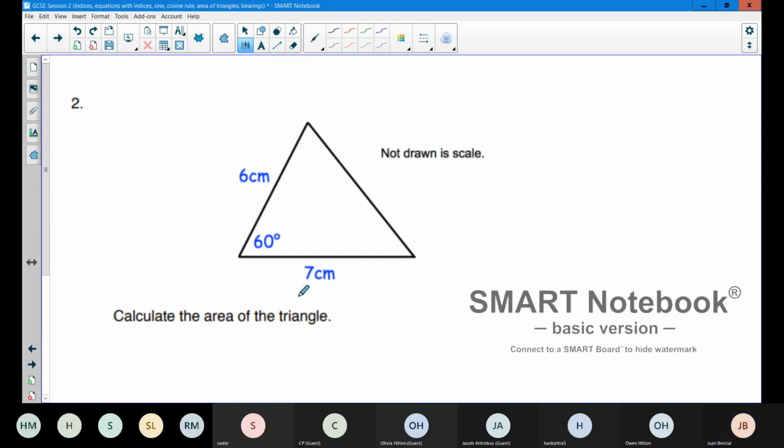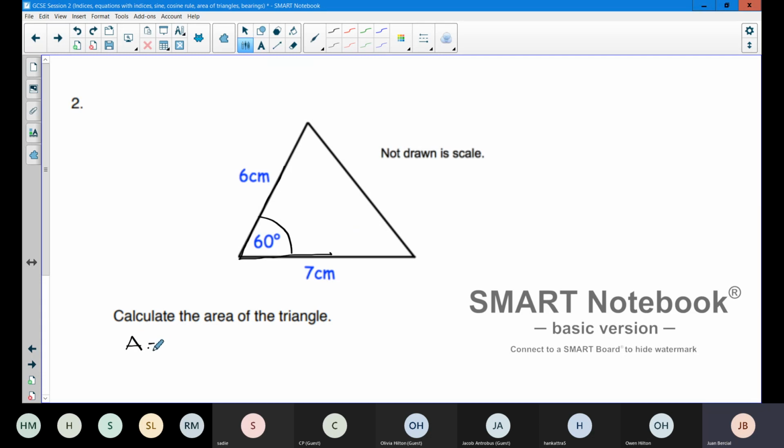Next one is about calculating the area of a triangle. I know this side, this other side, and the angle in between. So I know that the area is a half of the sides times the sides and the sine of the angle in between.